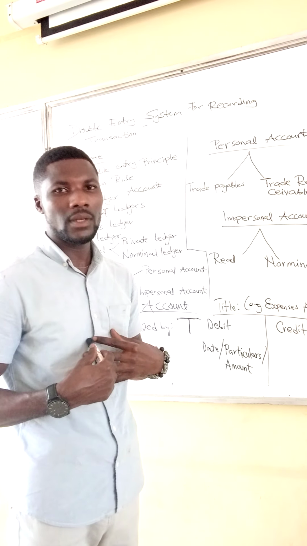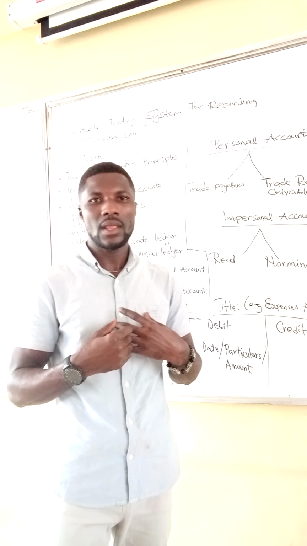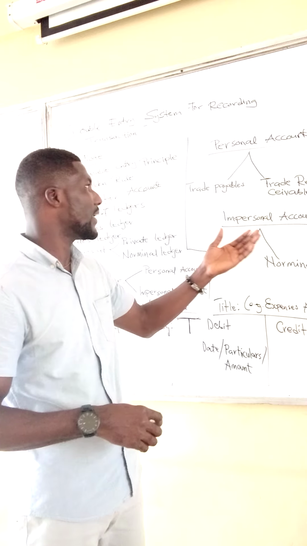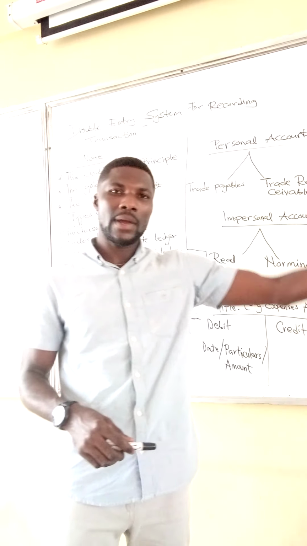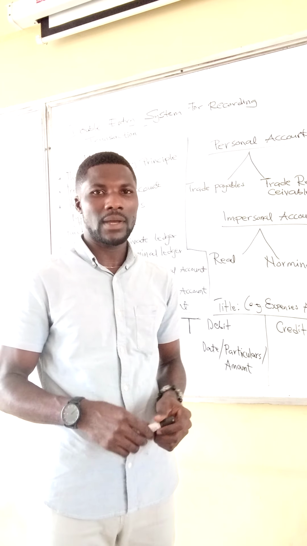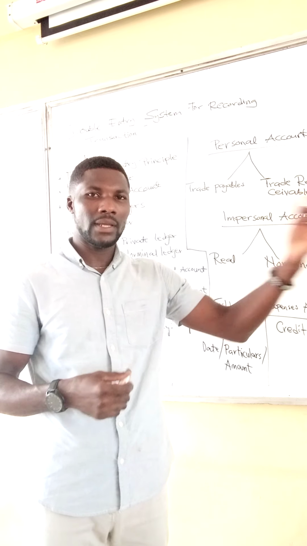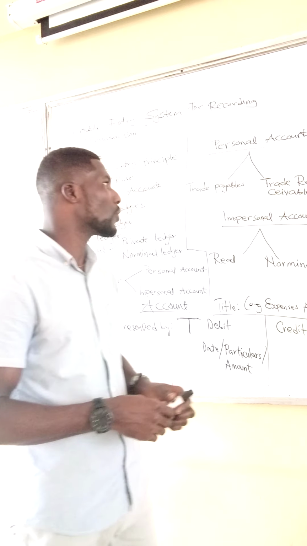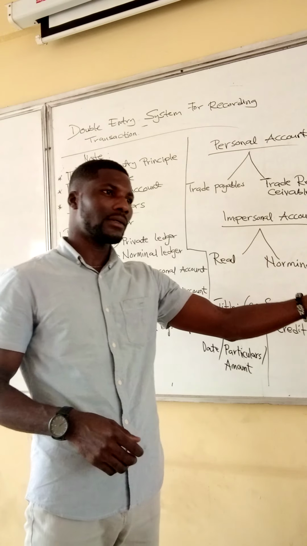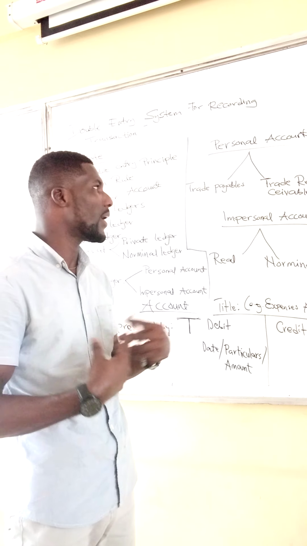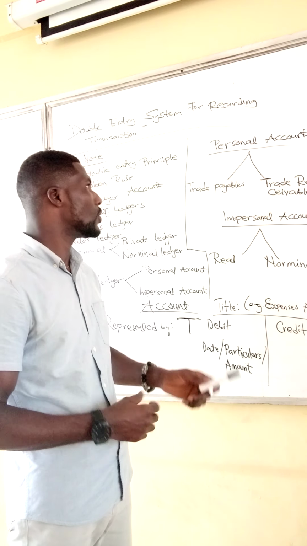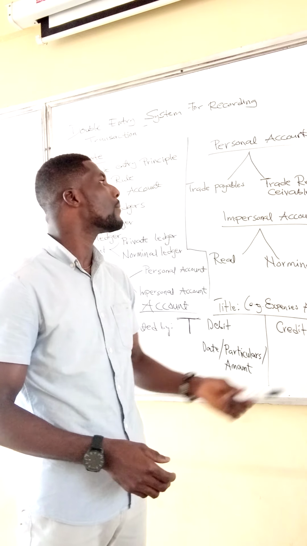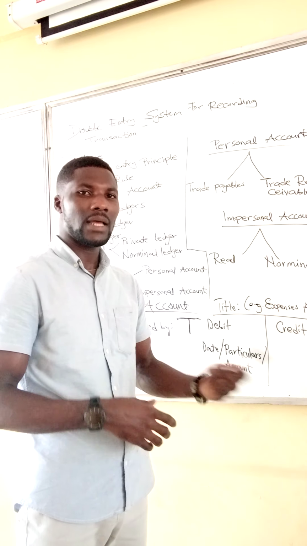So assuming I'm a seller and I'm supposed to give my customers or suppliers some money, I need to pay them. It could also be that some customers owe me and they also need to pay me. So with the trade payables, you owe them and you need to pay them an amount.